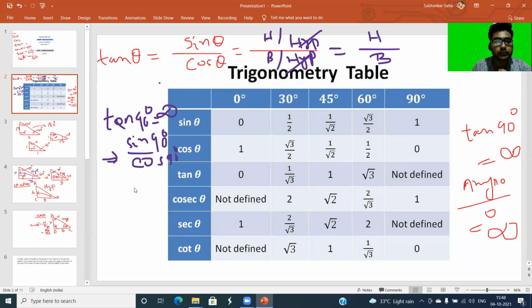Sin 90 is 1 and cos 90 is 0, so it is undefined, because any number divided by 0 is undefined. Sec 90 degrees is also undefined. How? Sec theta means 1 by cos theta.